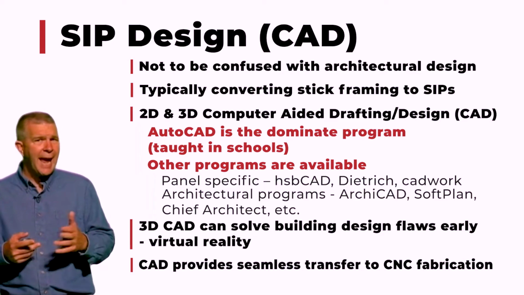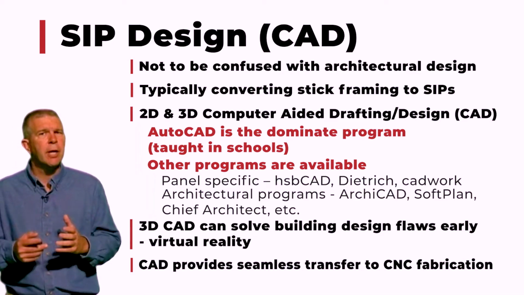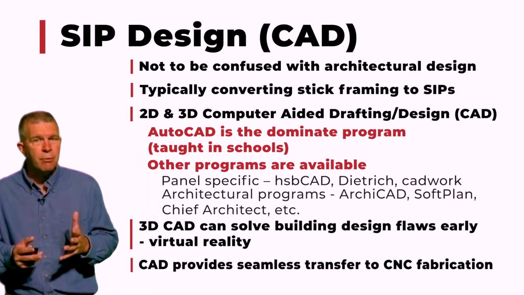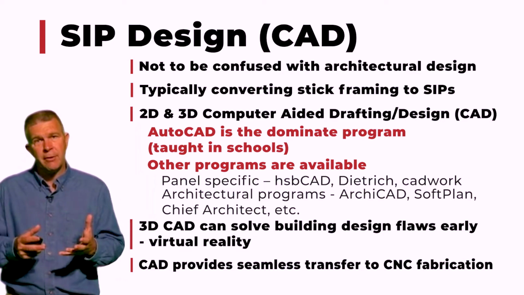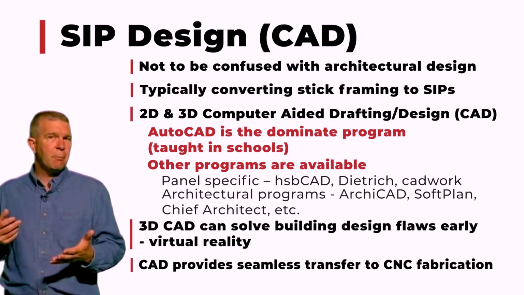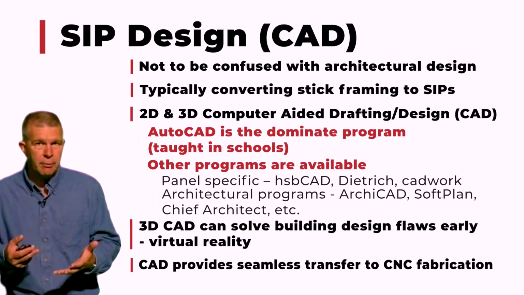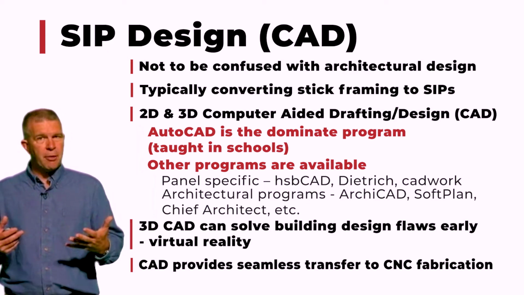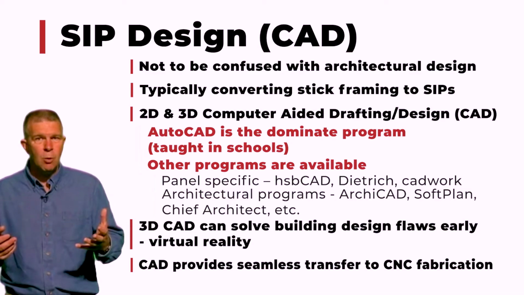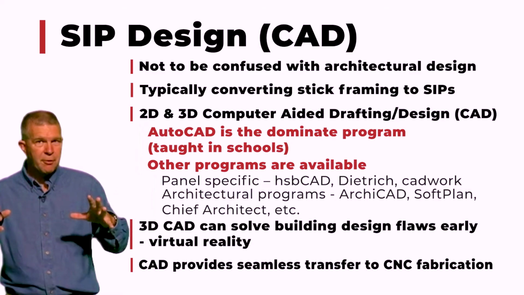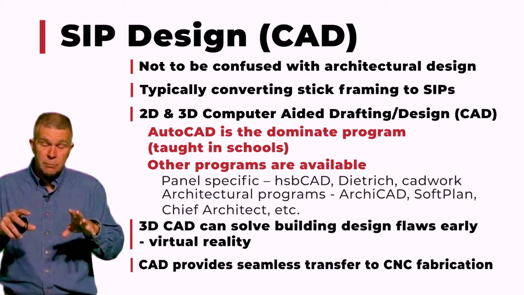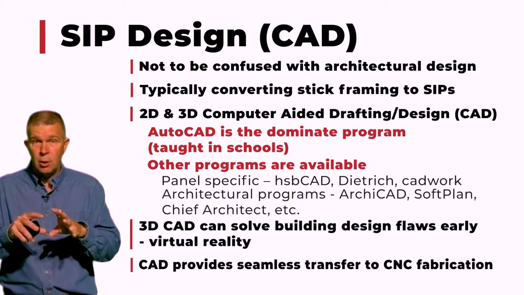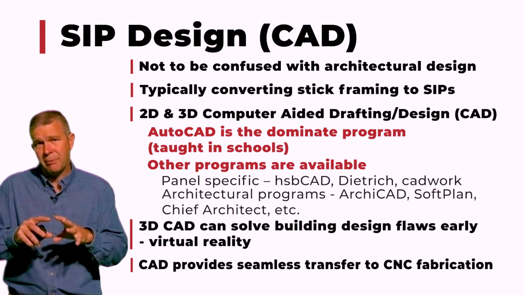The 3D CAD, when they design, also does a very good job at catching complex issues as it relates to fitting the panels together. If you think about the thickness of a panel and complex roof joinery, when we design a building in a 3D virtual environment, we can figure out in that 3D world how these panels are going to combine together properly when cut in a CNC environment.